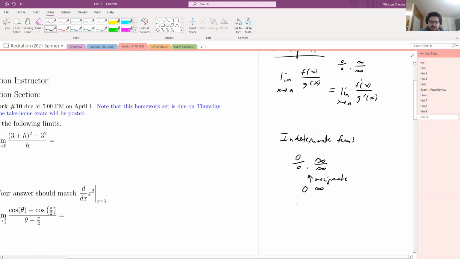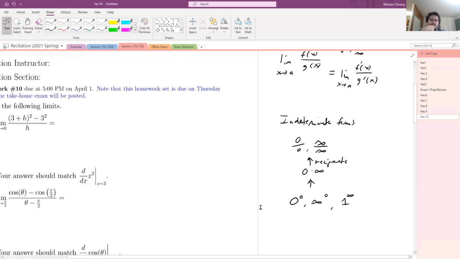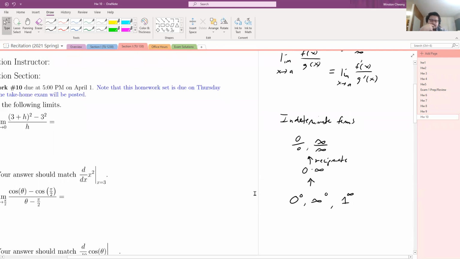And then there are 3 different ones that you can get to. Let me see if I can do this. I think it's 0 to the power 0, infinity to the power 0, and 1 to the power infinity.